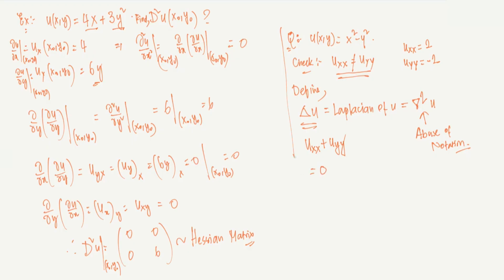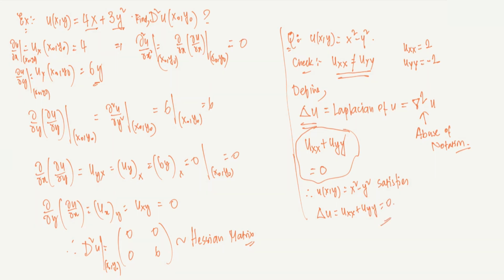So if you think about it, this function, x square minus y square, satisfies the relation Laplace u, which is uxx plus uyy, equals 0.